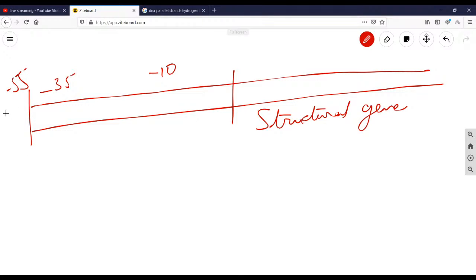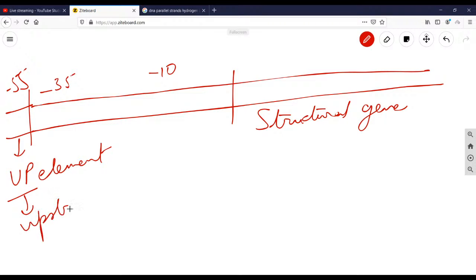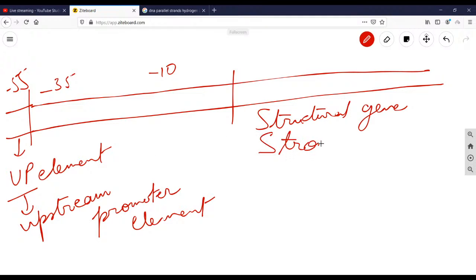Much upstream is another specific sequence known as the upstream promoter element.